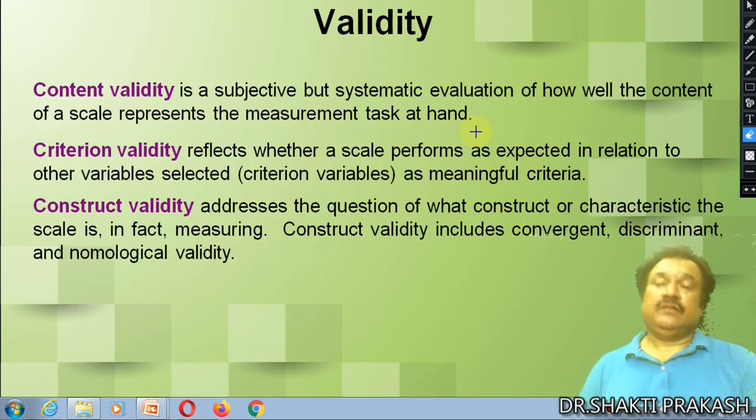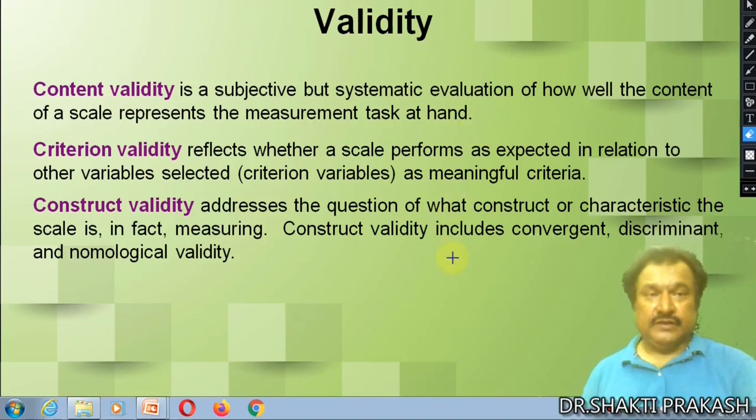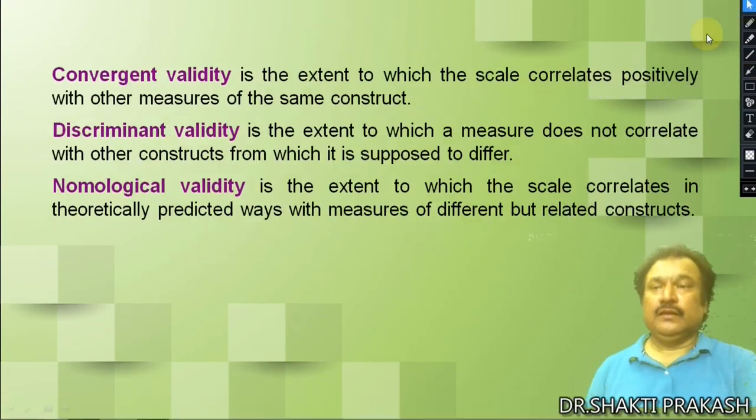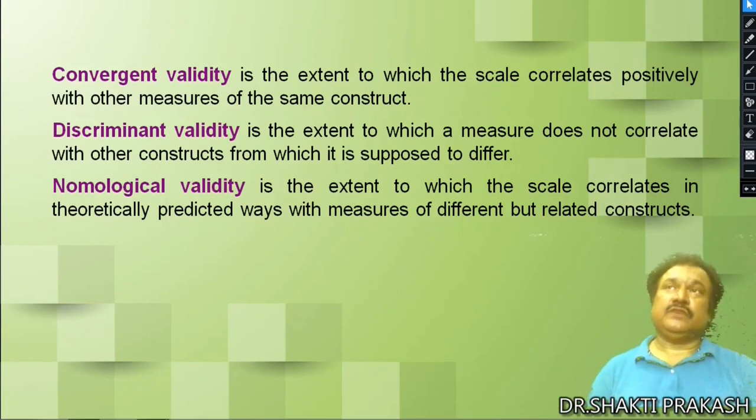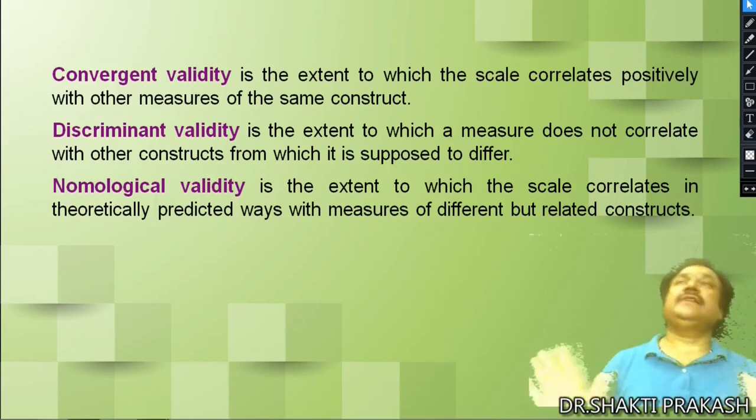Construct validity we have discussed in detail. In the next slide we will again recap. Convergent validity we have discussed: convergent means that with the same type of construct there should be high correlation. Discriminant validity: if there are different types of constructs, there should be discrimination.